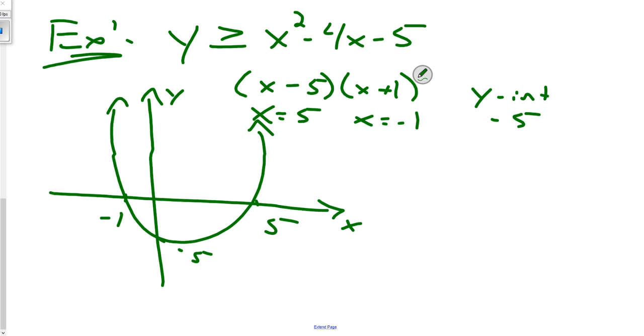Cool. Now, where do I shade? Find a point and you do your check. I don't use my x or y intercepts here. Oh, and I drew it right, a solid line, because it's greater than or equal to. You pick 0, 0 because it's not on the line. So I'll do my check.